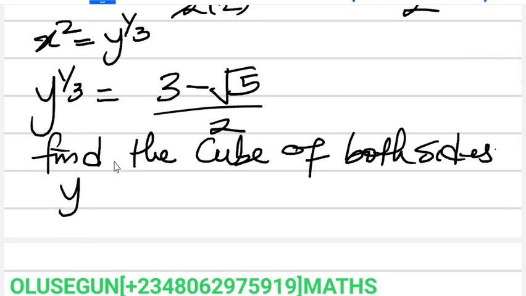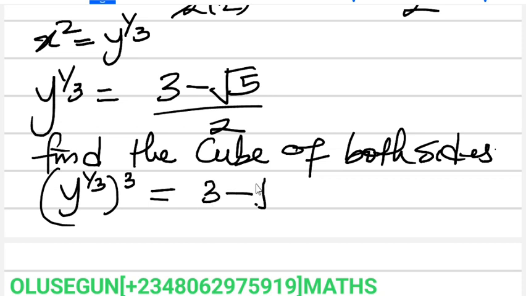So y raised to power 1 over 3 all raised to power 3 is equal to 3 minus root 5 divided by 2 all raised to power 3. So this 3 will cancel this 3.